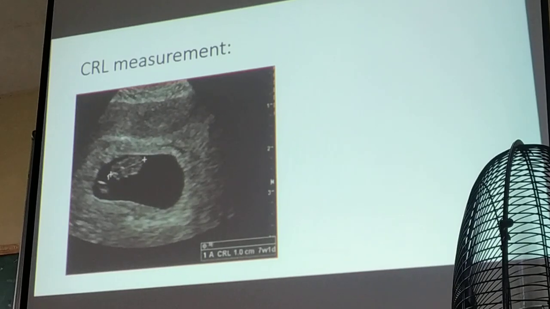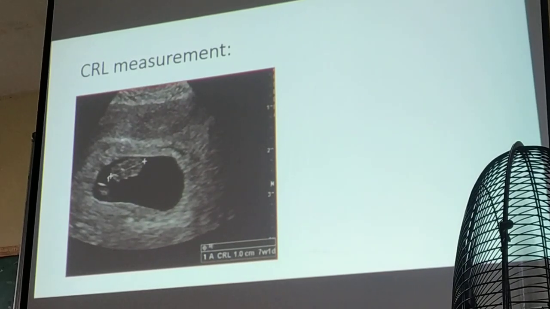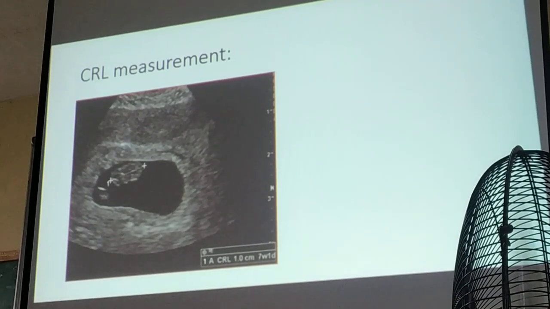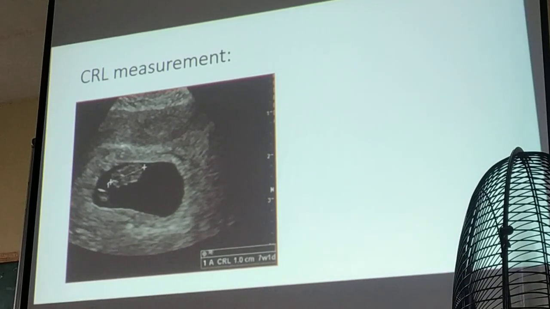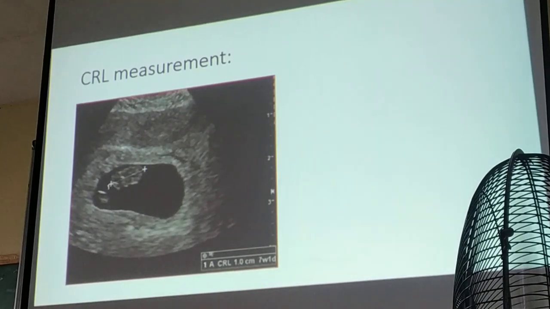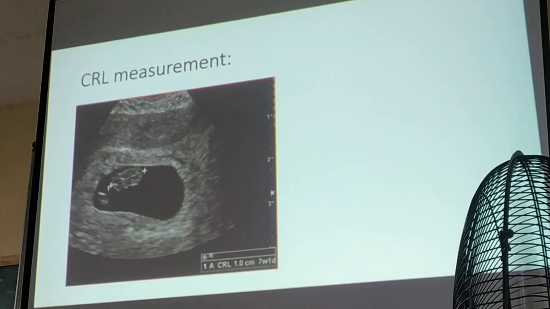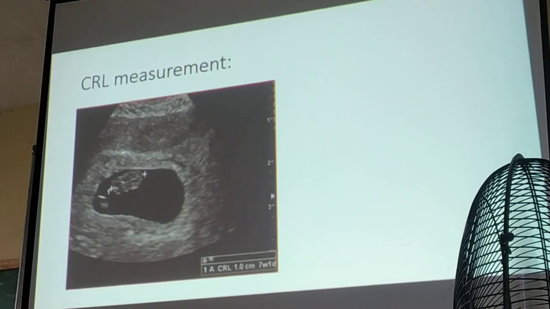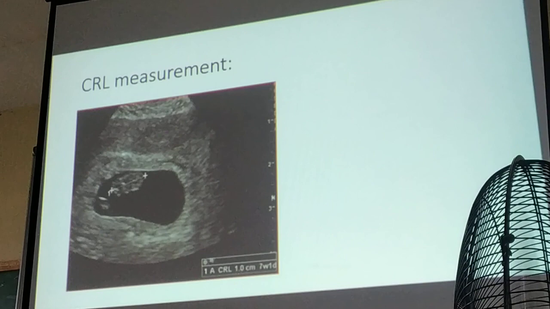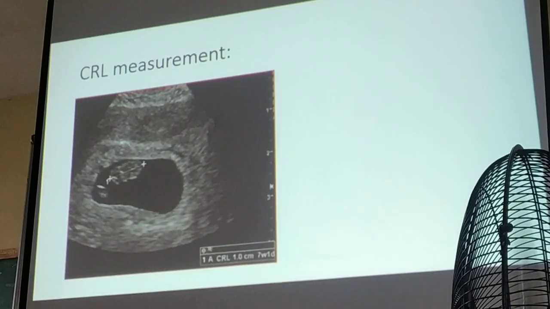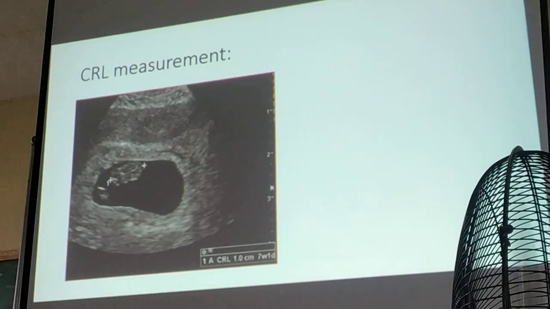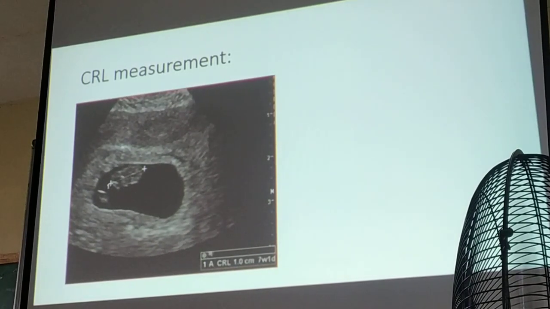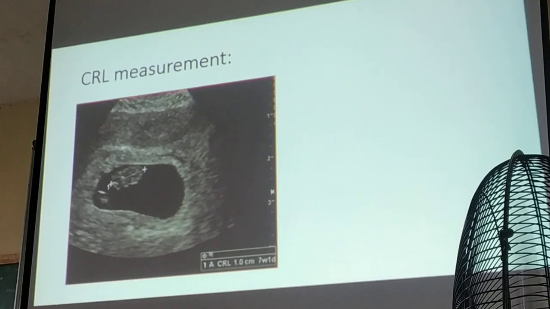The next measurement, that is the most reliable measurement for your first trimester intrauterine pregnancy will be your CRL. Okay? If your patient doesn't know her LMP, then the basis for the expected date of delivery would be your CRL measurement.